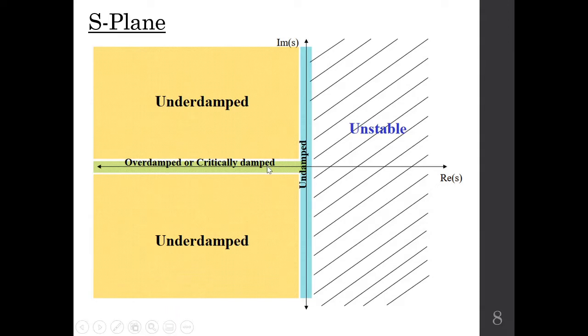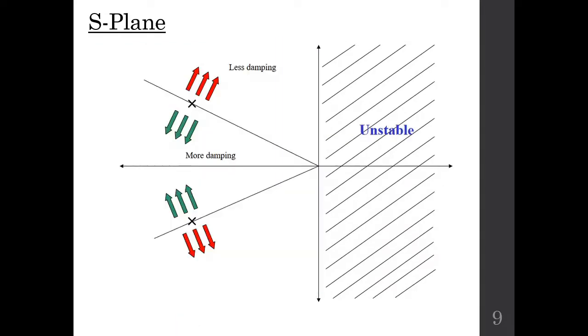If your poles lie on the negative real axis, you can simply say the system that we are dealing with is an overdamped system or it may be a critically damped system. Similarly, if your poles lie on the imaginary axis, whether positive or negative, you will say the system that you are dealing with is an undamped system. If your poles lie on the right hand side of this S-plane, it simply means that that is an unstable system.